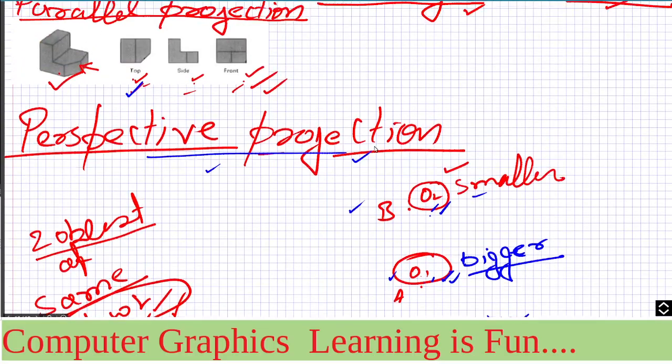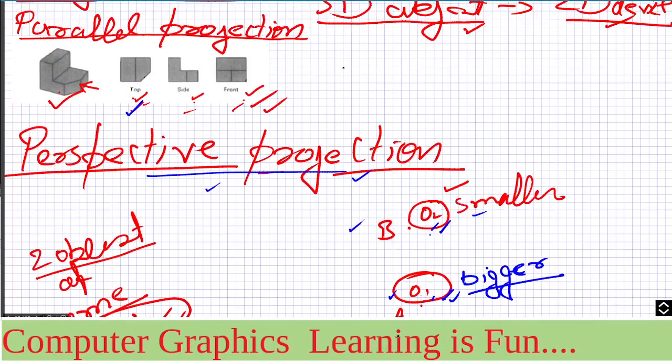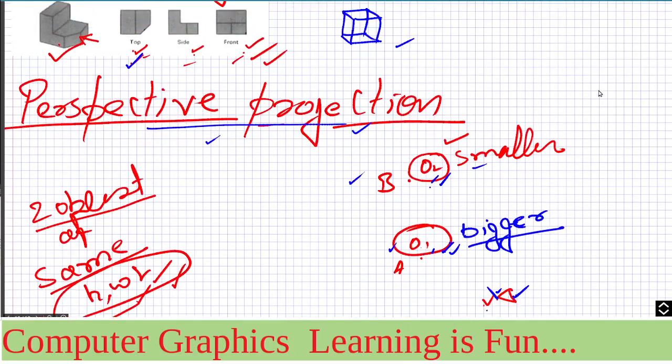So suppose one object was here, in parallel projection it may look like this, or whatever, which is everything similar. However, in perspective projection, if the camera is on this side, then the front one may look similar.